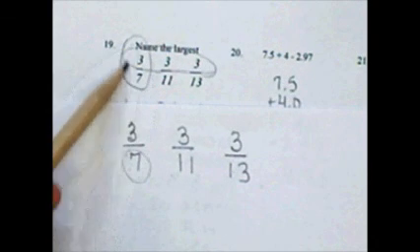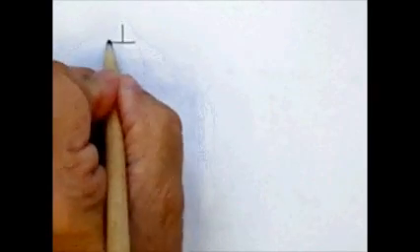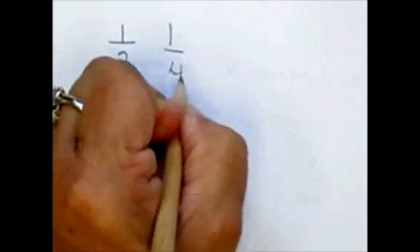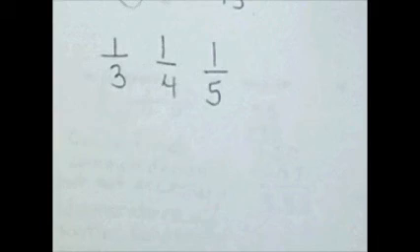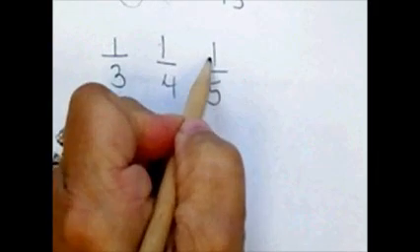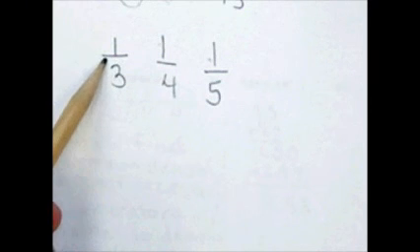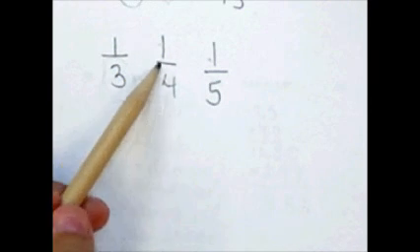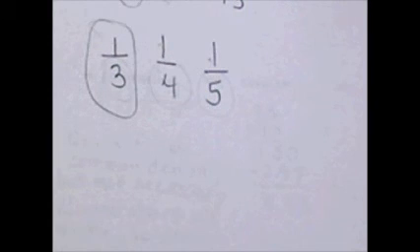Now, the other thing you might want to look at would be 1/3, 1/4, 1/5. Okay, it's the same concept. They all have 1 on the top. So had you rather have one piece of a pizza divided in 3 pieces, 4 pieces, or 5, this would be the largest. Okay, so the comparison that you can do that with can be any number.